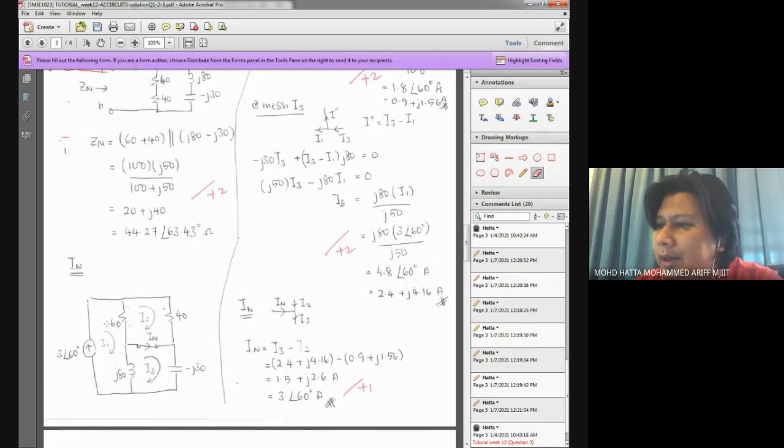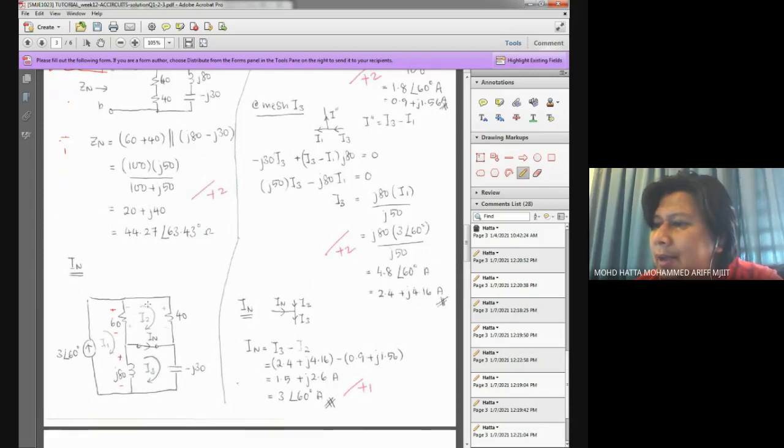if I define my current in this direction, it means that I would first identify my voltage drop polarity. In mesh number 1, this is the polarity. Since the current is flowing this way, I also have this polarity.